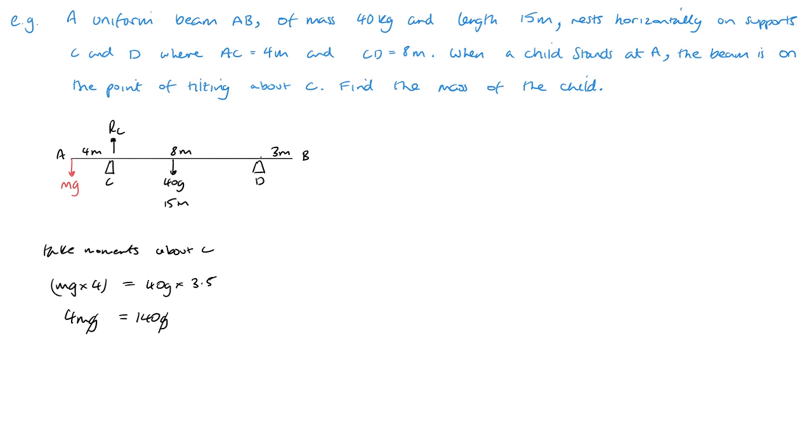Cancel the g's. 140 divided by 4, so m equals 35. This will be 35 kilograms, because I've done mg, so m would be the mass. And that is the first example done. Hopefully you followed that and you can see what happens when it's tilting. Let's have a look at the next example.